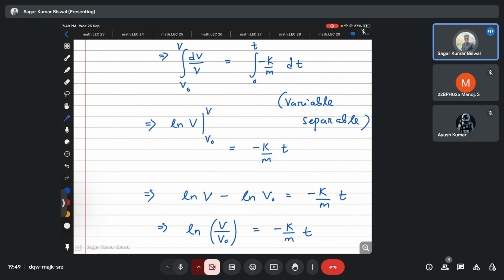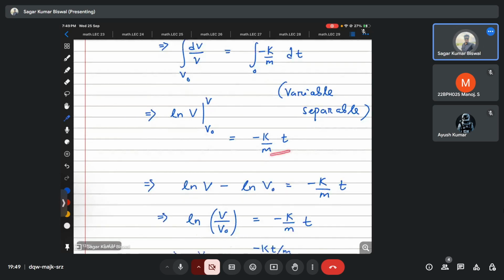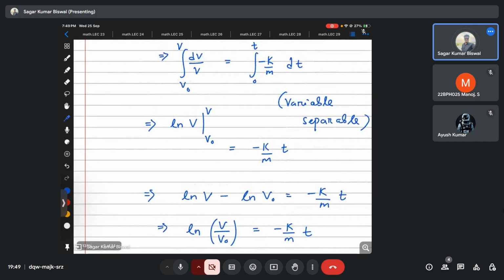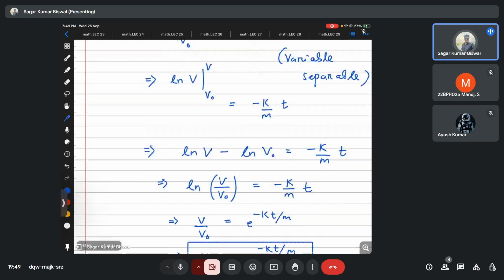So now if you integrate both sides, the integration of dv by v is ln v, and on this side it is minus k by m t after applying the limits 0 to t. So this will become ln v minus ln v0 equals minus k by m t.